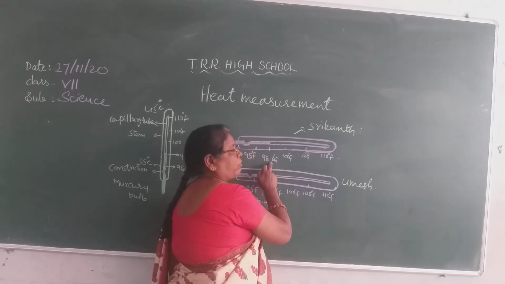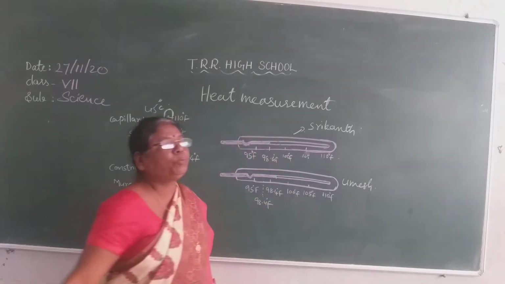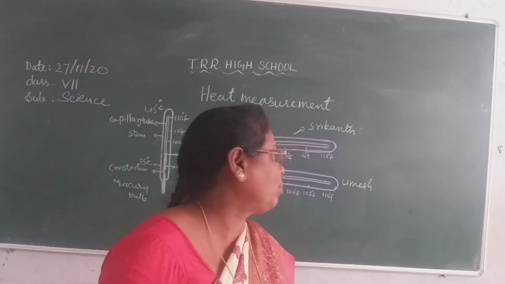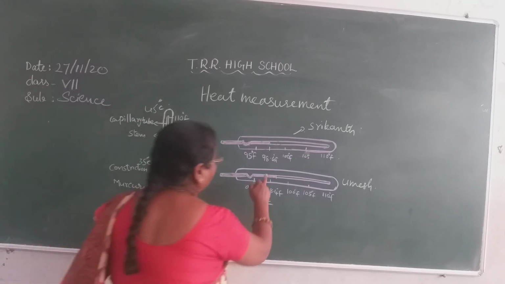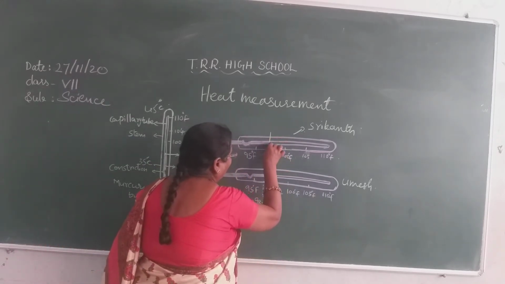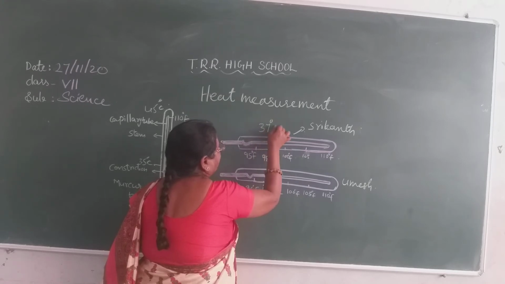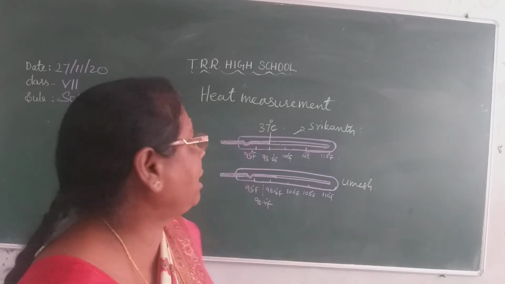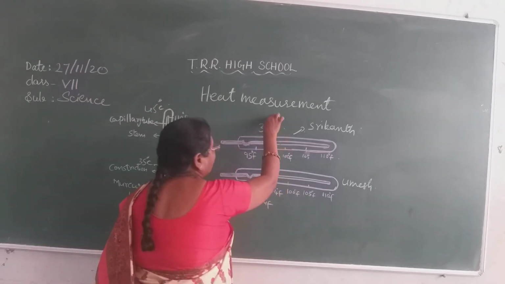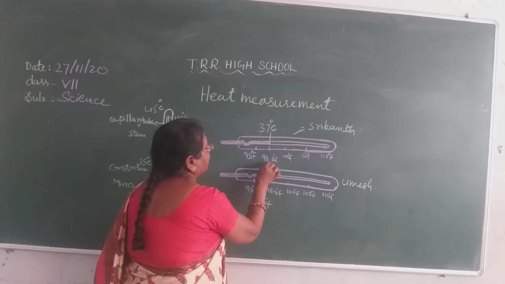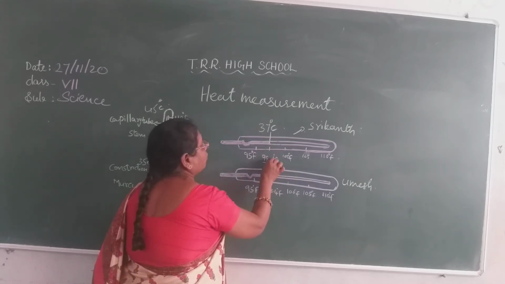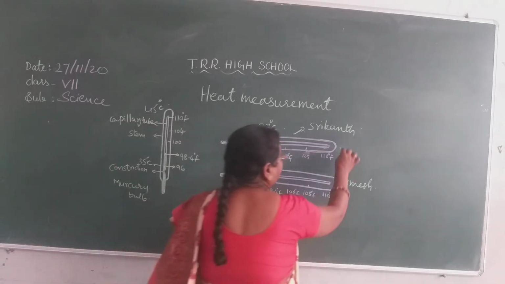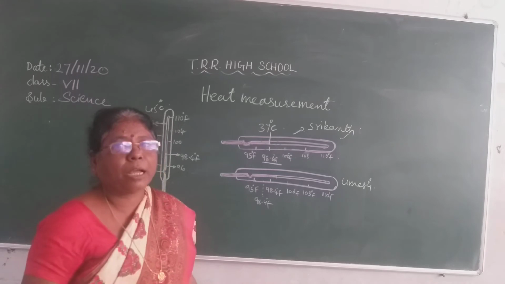The normal temperature for the human body is 98.4 degrees Fahrenheit or 37 degrees Celsius. This is our normal temperature, in the Celsius scale or in the Fahrenheit scale. So Srikanth has no fever.